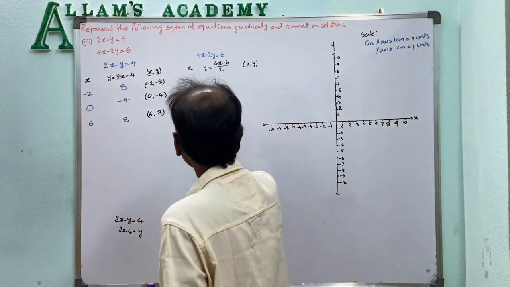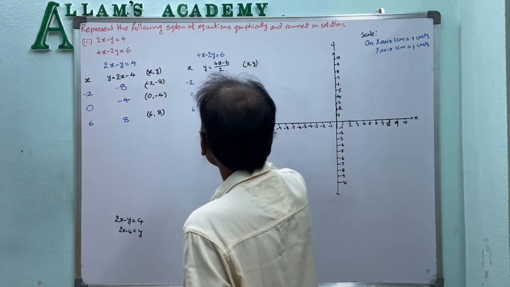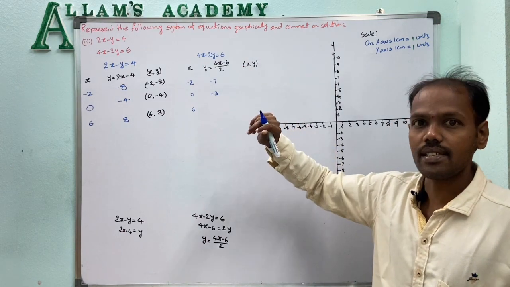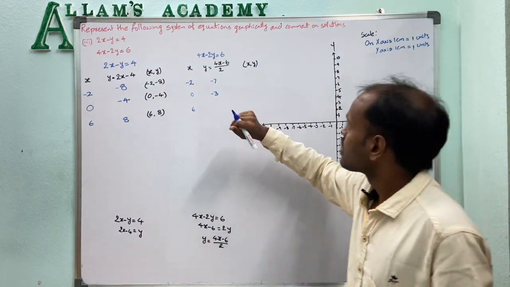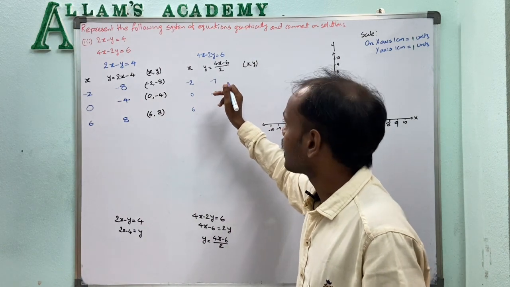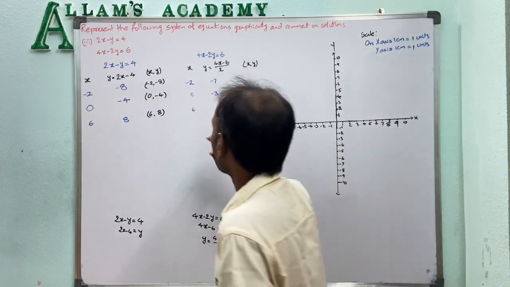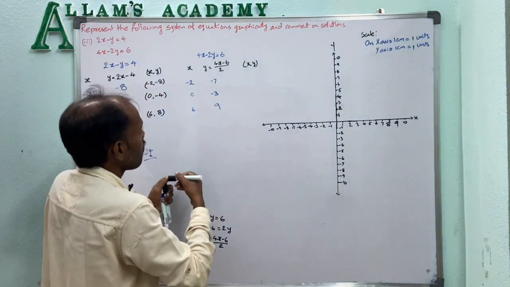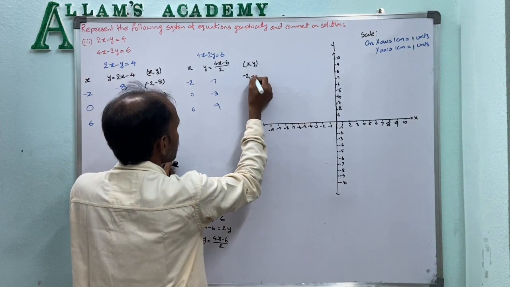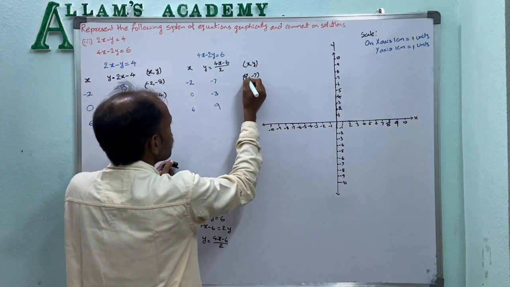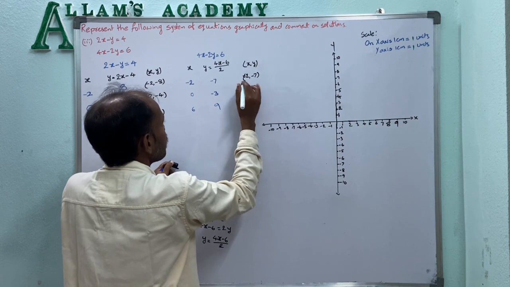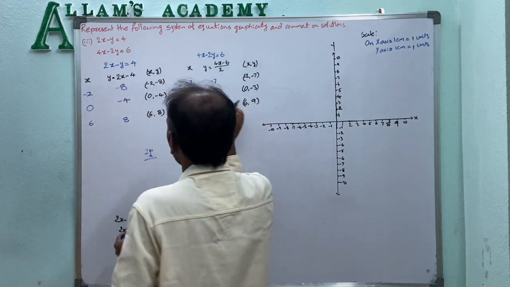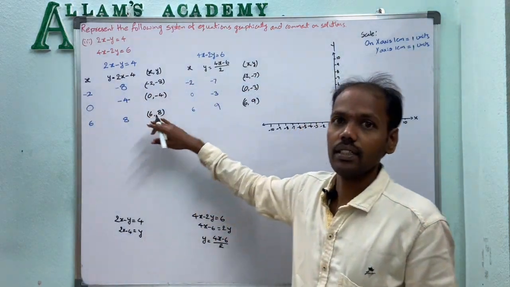Next, if x value is 6: 4 sixes are 24, 24 minus 6 is 18, 18 by 2 equal to 9. So now the points are minus 2 comma minus 7, 0 to minus 3 and 6 to 9.